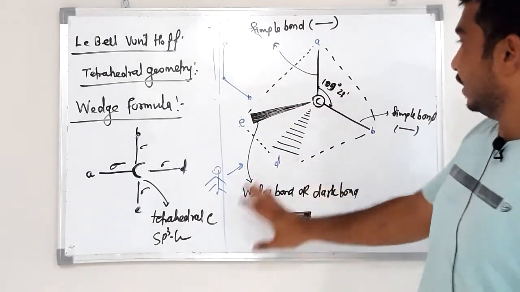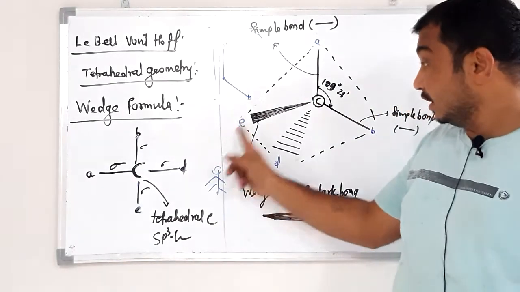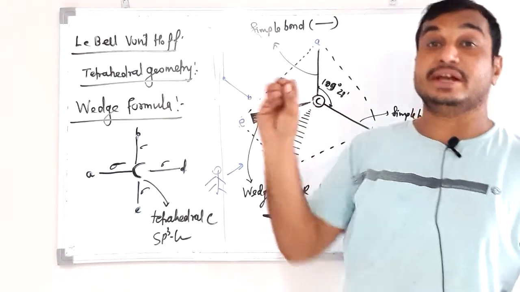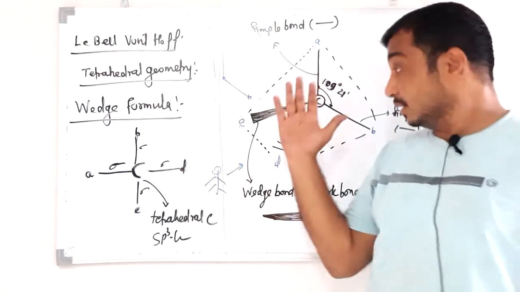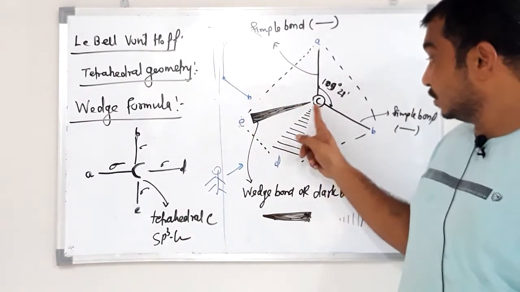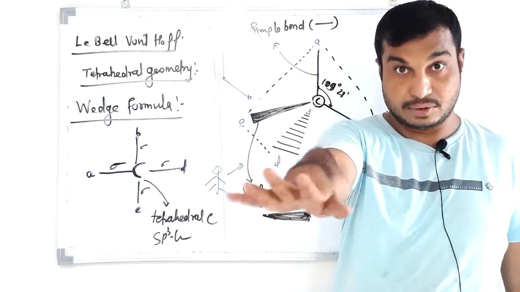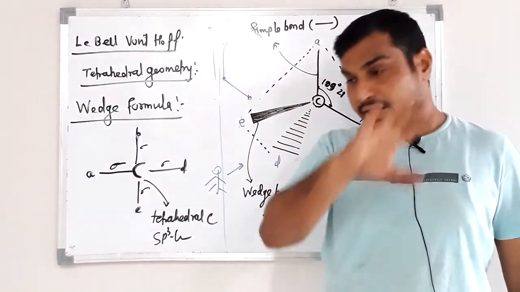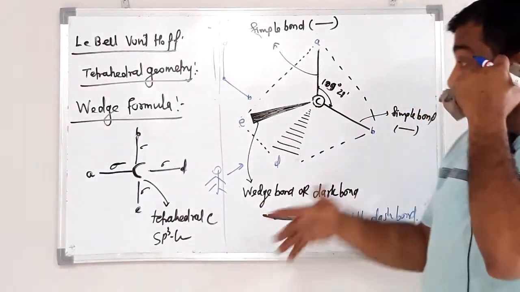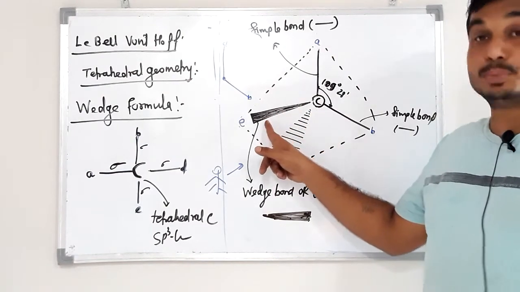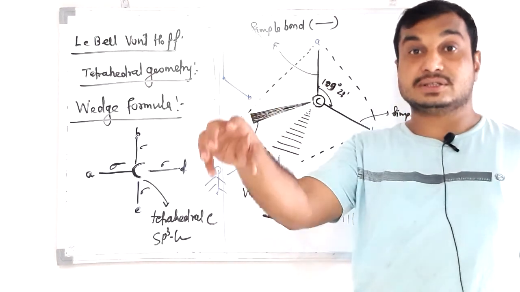Suppose this blackboard is a plane, and in this plane C, A, B are present and E is coming toward the observer, out of the plane, in front of the blackboard. Whenever in any three-dimensional example a substituent is attached to C by a wedge bond, it is present on the front side. Remember.